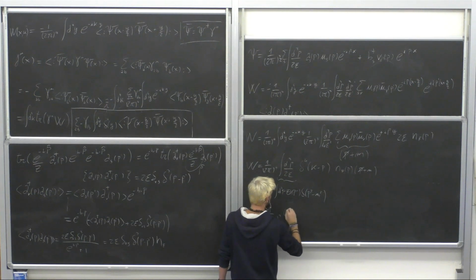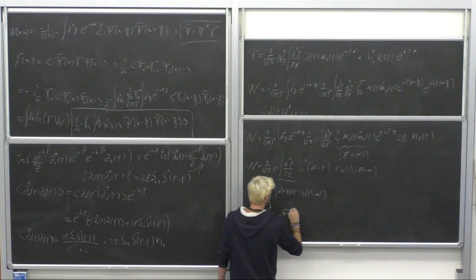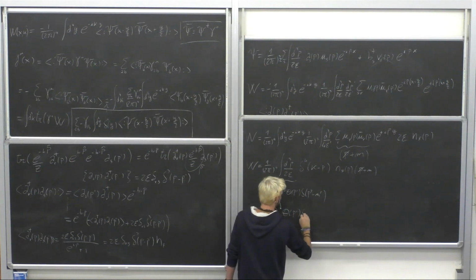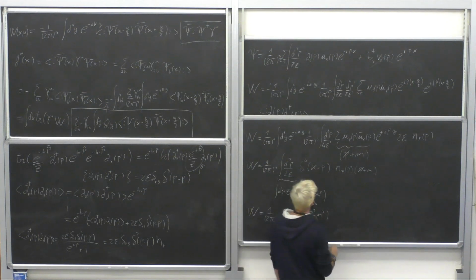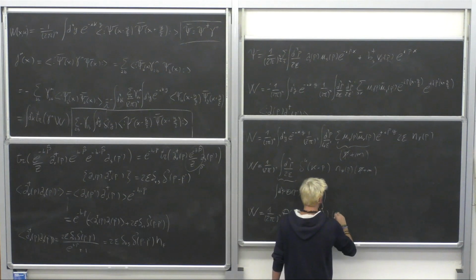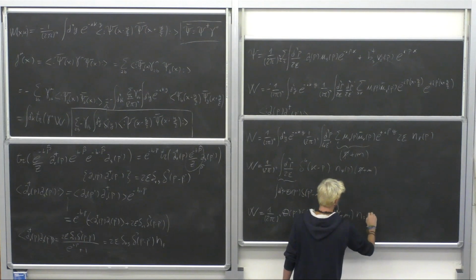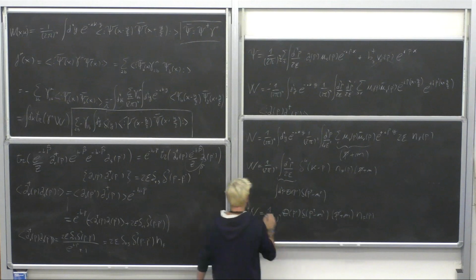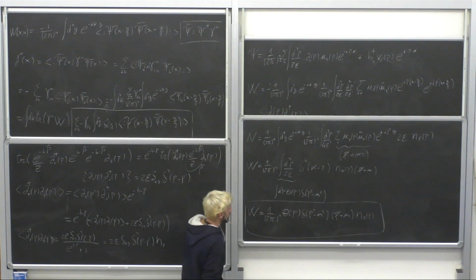Then we have, I mean, we can also put that theta of p0 delta, and then we have p slash plus m. And this is the result.